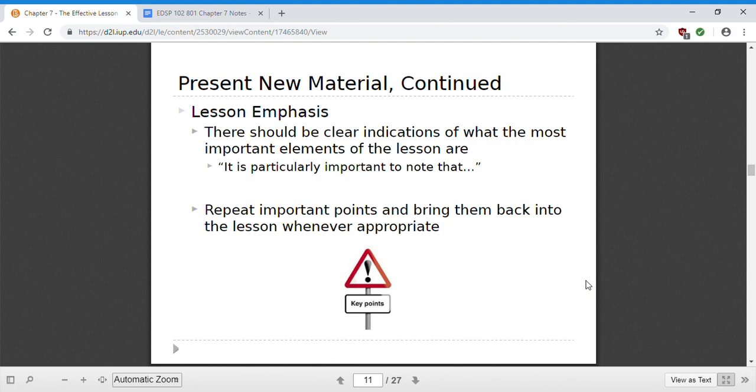Or you could have a key point sign on your PowerPoint slides so students visually know that this is a really important part, so they're going to want to pay particular attention to it. Additionally, when presenting new material, if something's really important, you want to repeat that important point and try to connect it back to the lesson whenever appropriate.